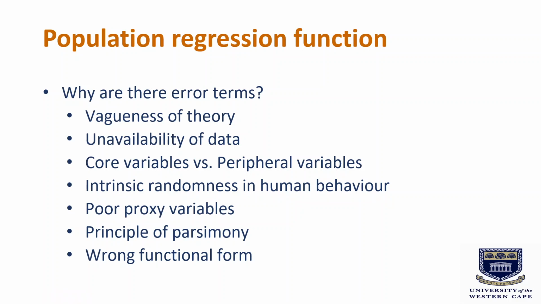Another factor that could result in model errors are poor proxy variables. A proxy variable is a variable that you substitute for some other variable. So for instance, if we don't have a variable on income, or at least we don't have the actual values of these households' incomes, we might substitute it with a variable of self-reported income.